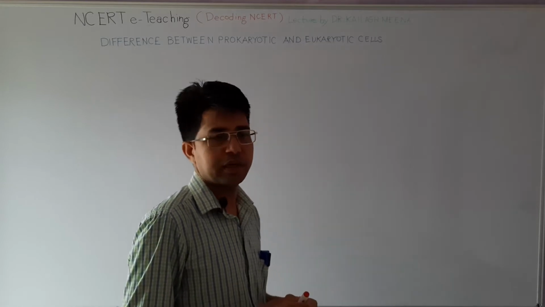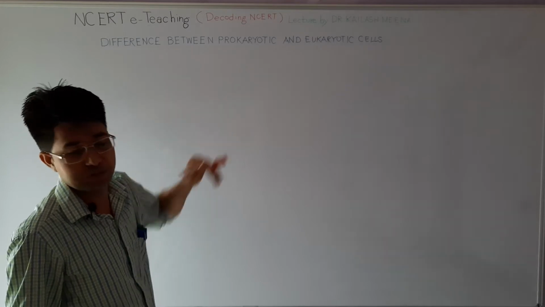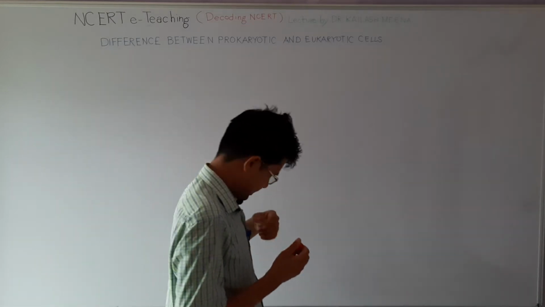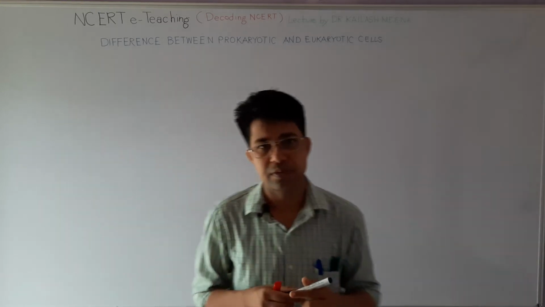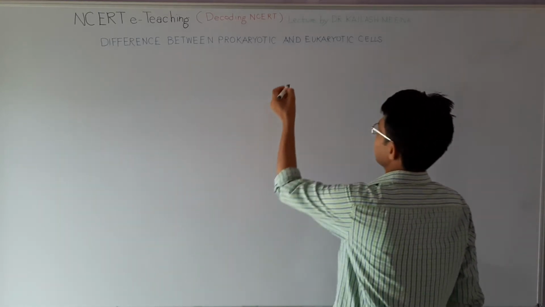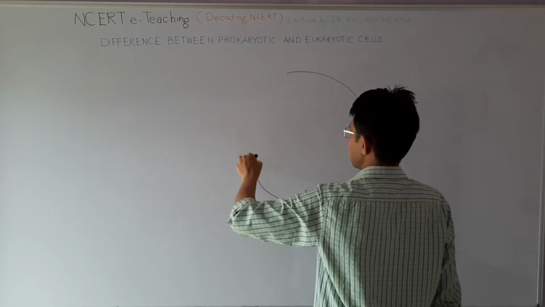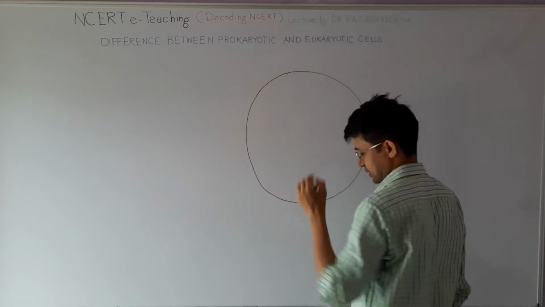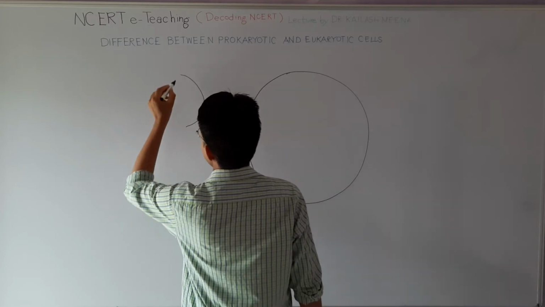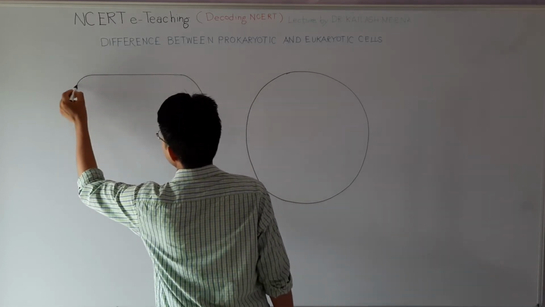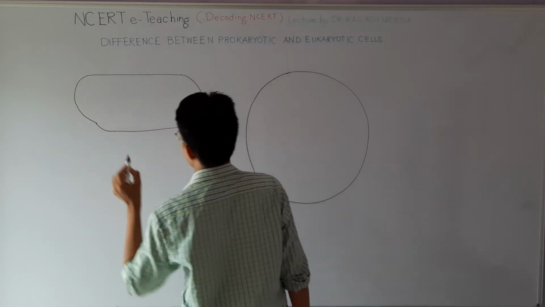I am Dr. Kailash Mina and today we are going to discuss the differences between prokaryotic cells and eukaryotic cells. In our previous class we discussed the general structure of a cell, and we have seen this type of sketch of a general cell, and then we also discussed a general structure of a prokaryotic cell.